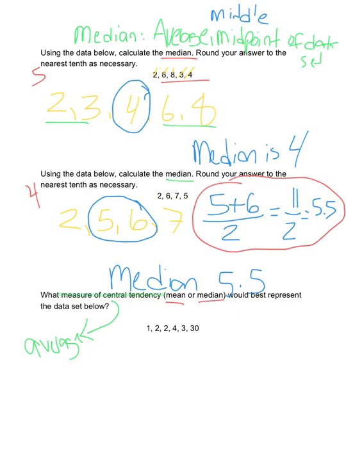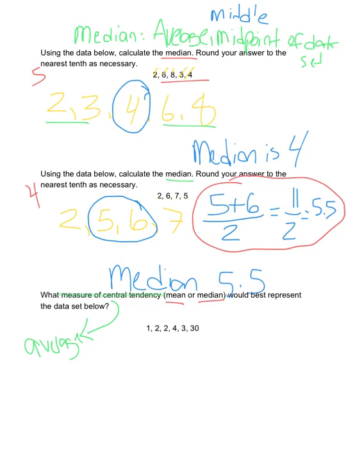So we're asked, what would best represent the data set below? Well, in certain cases, it would make sense to use the mean, and in certain cases, it would make sense to use the median. Now look at the data set below, and we'll choose one measure of central tendency that would best fit this problem, and we'll talk about why.